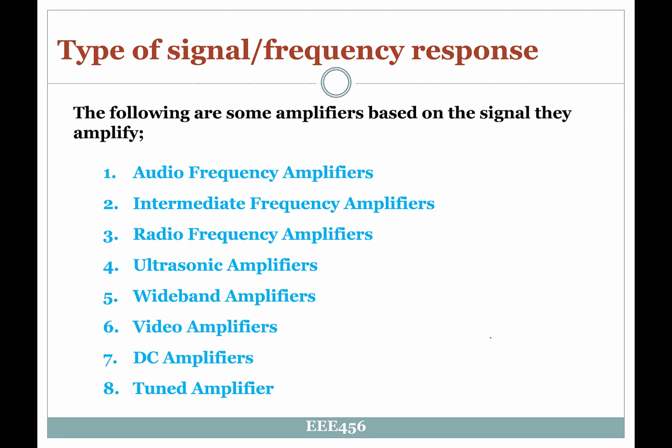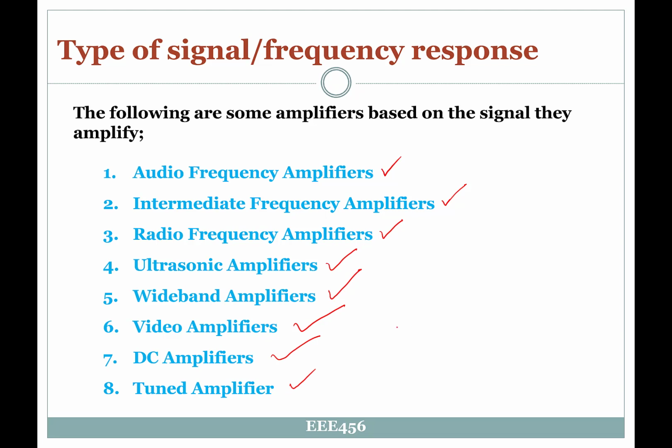So an amplifier could handle signals like audio frequency, and such amplifiers will be termed as what? Audio frequency amplifiers. We could also have intermediate frequency amplifiers handling intermediate frequencies, radio frequency amplifiers being used to amplify radio frequencies. We also have ultrasonic amplifiers, wideband amplifiers, video amplifiers, DC amplifiers, and then tuned amplifiers.